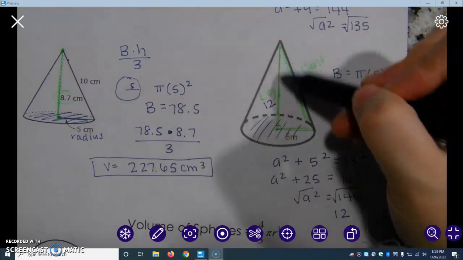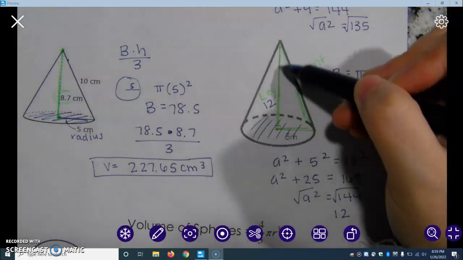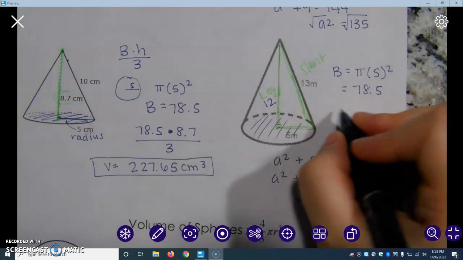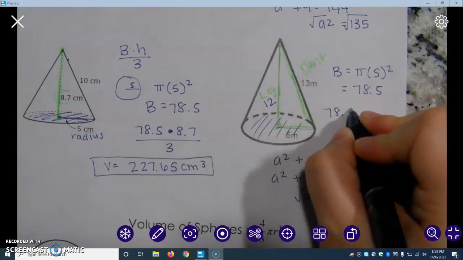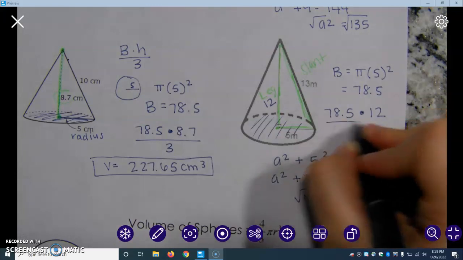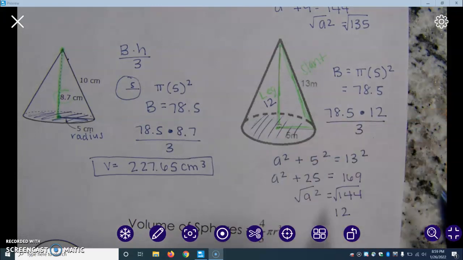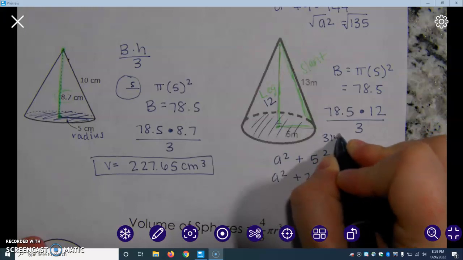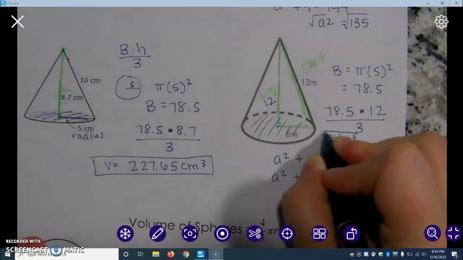So the height of my cone is 12. So now I can finish finding the volume. It's the area of my base times the height divided by 3. So 78.5 was the circle times the 12, that's the height, and then divide that by 3. So the volume of this one is 314 meters cubed.